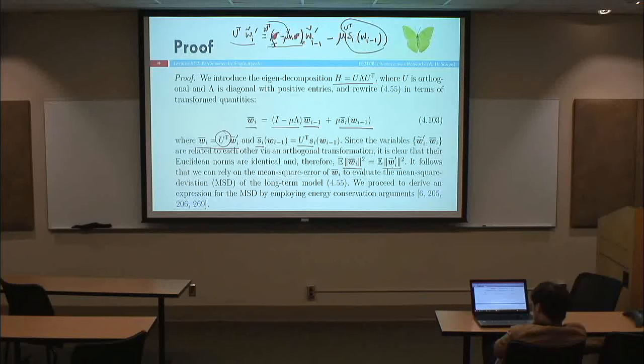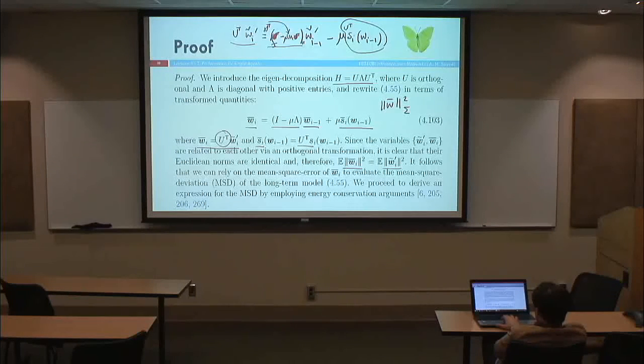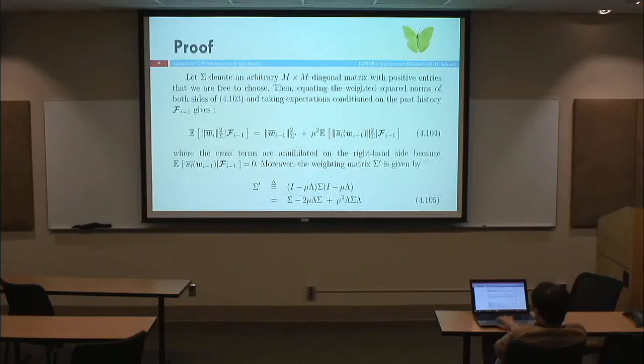So I'm going to square it now, right? So I'm going to compute a weighted norm relative to some sigma. So next page, here it is. Okay? So let's do it slowly. So I'm going to square this, and then take the expectation conditioned on the past. Here it is. I squared it, conditioned on the past.